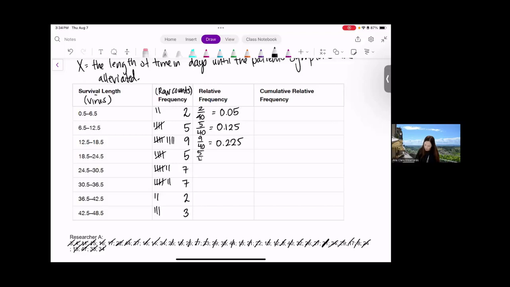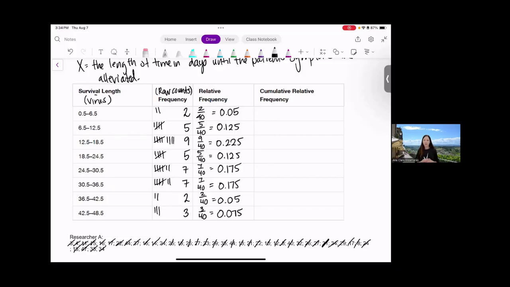We already know what 5 over 40 is. 7 over 40 is 175 thousandths or 0.175. 2 over 40 we already have. And finally, 3 over 40. That is 75 thousandths or 0.075.